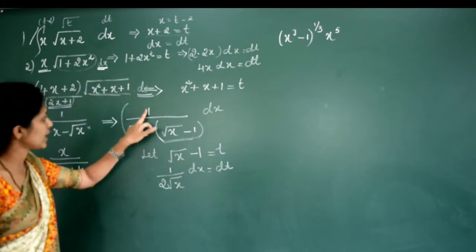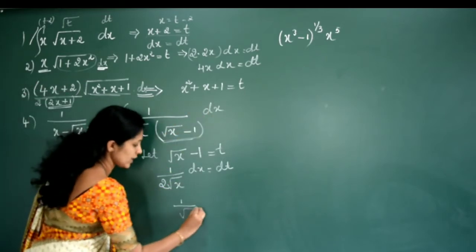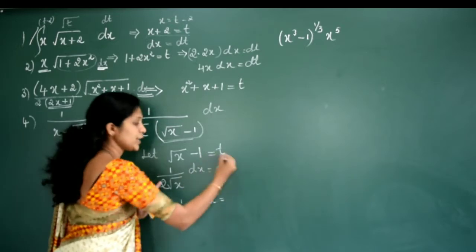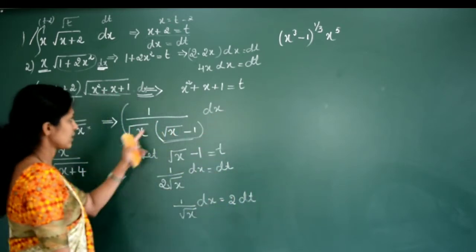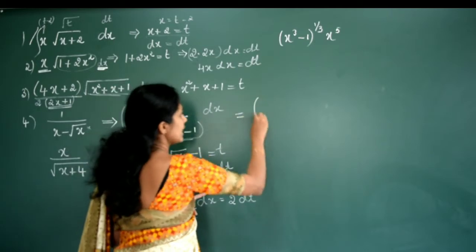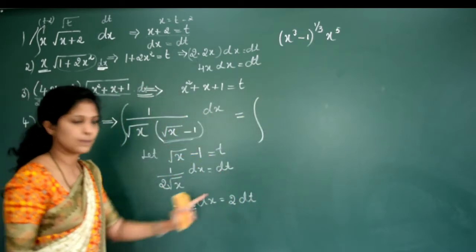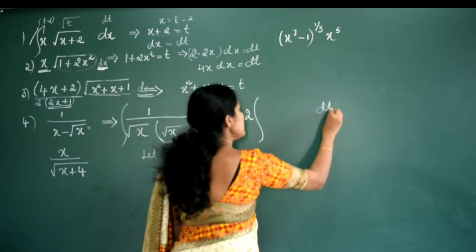But here we have the value of 1 by root x into dx. So 1 by root x into dx is equal to 2 into dt, right? Now we can give the substitution for this.